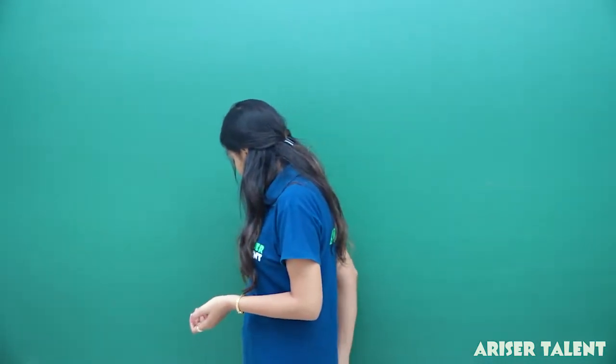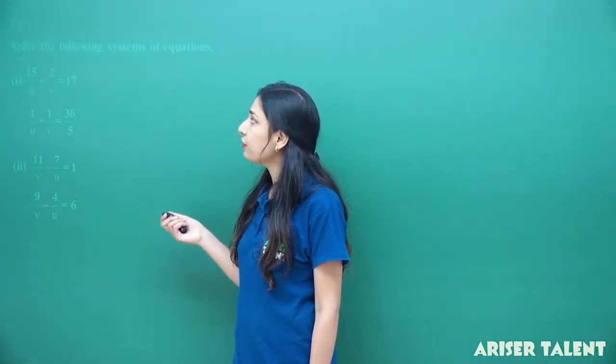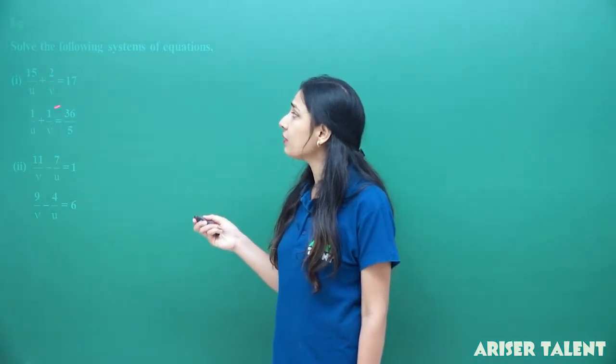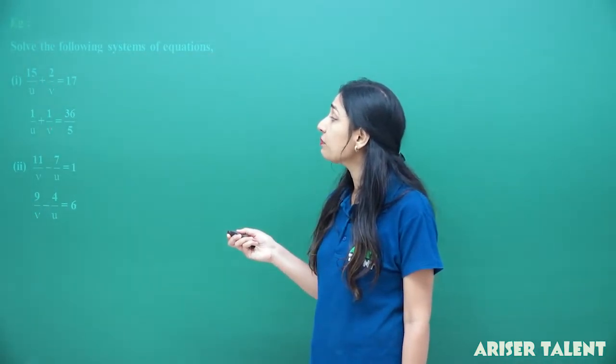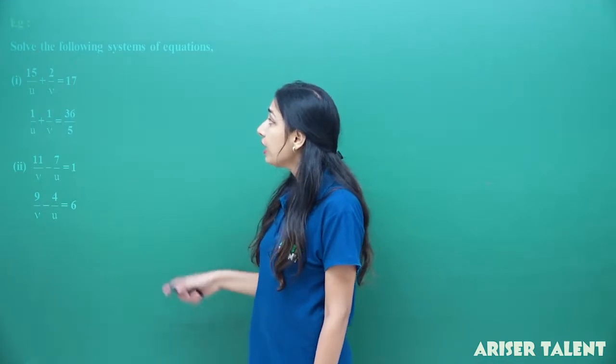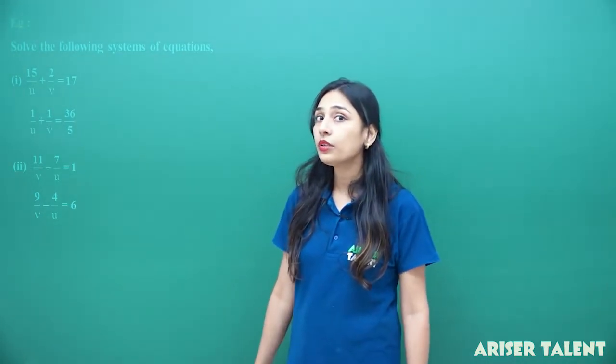So we found out about algebraic solutions and we discussed one method, and that method was elimination and substitution. Students, I left you with these questions: 15 by u plus 2 by v equals 17, and 1 by u plus 1 by v equals 36 by 5. This was the pair we are going to discuss.